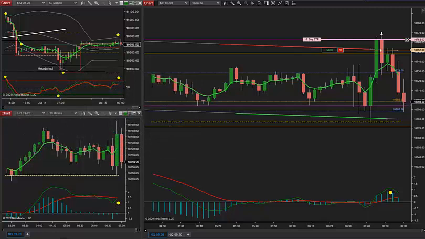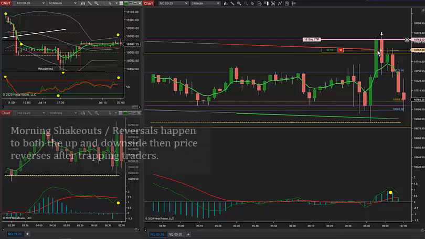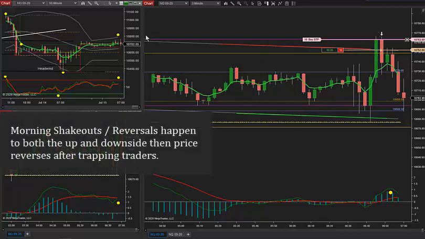I also want to pay attention to where it is in the overnight range. This is a common trap. You'll have an overnight range. Price will overshoot it, trapping in long traders, bullish traders who think the trend's going to continue, and then it'll reverse. It's a shakeout or a morning reversal, and then price immediately starts to fall back into that range.